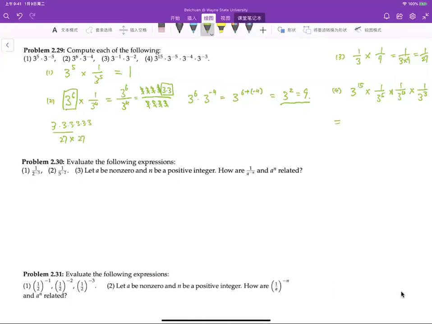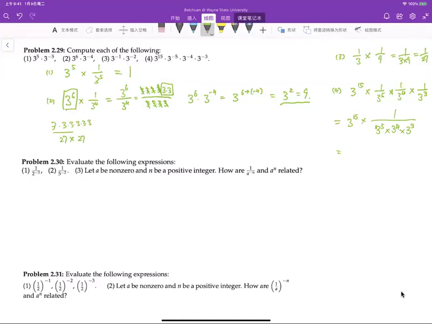Well, in this case, you can multiply the three fractions together first. So that'll just be 1 over 3 to the power 5 times 3 to the power 4 times 3 to the power of 3. Yeah, and then what you do is 3 to the power of 5 plus 4 plus 3.